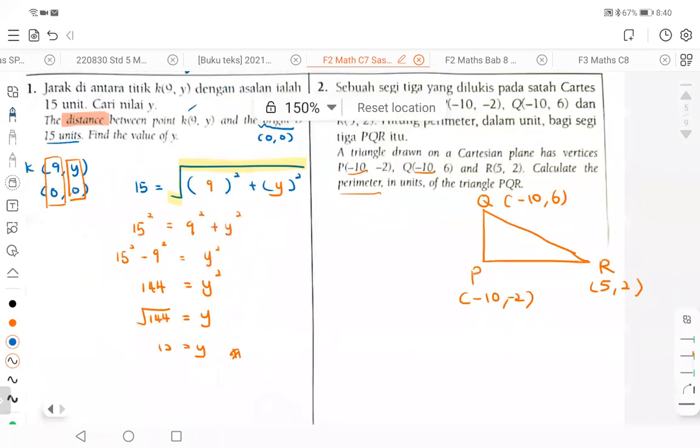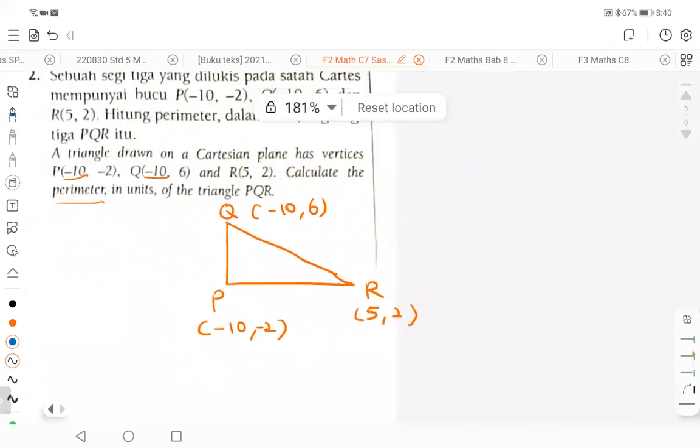Okay, next. How to find the distance? You look at PQ. PQ is a vertical line. So if it's a vertical line, we need not to use the formula. We can just count. Okay, you see 6, -2. 6 to -2. So what is the distance of PQ?